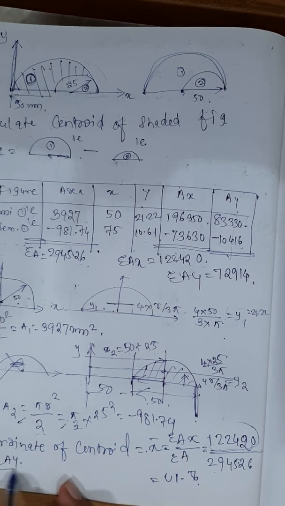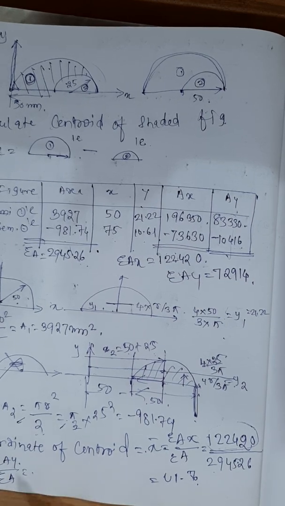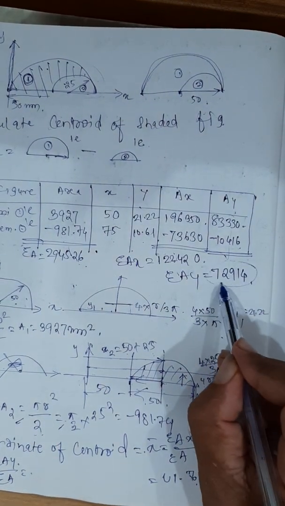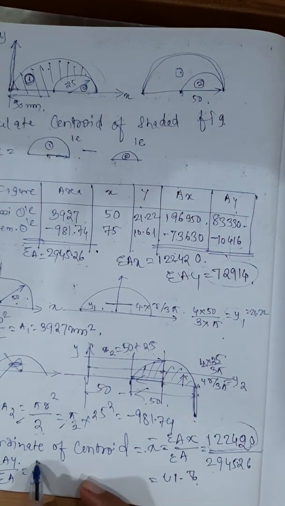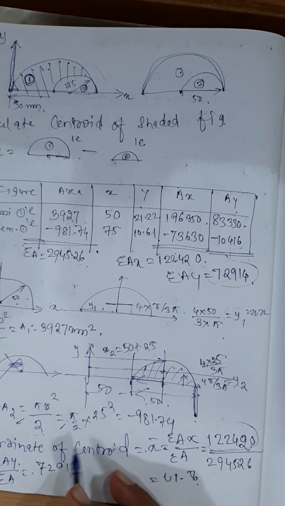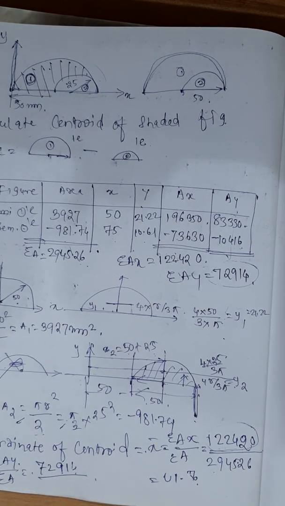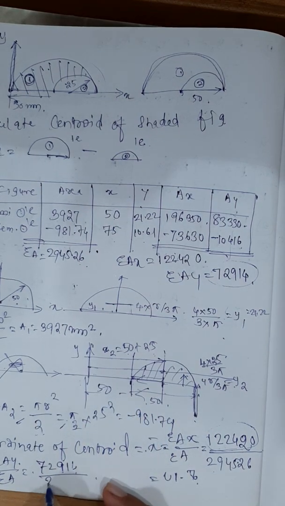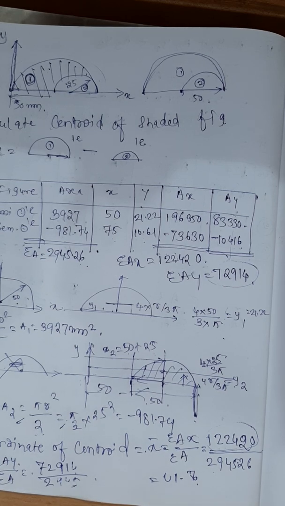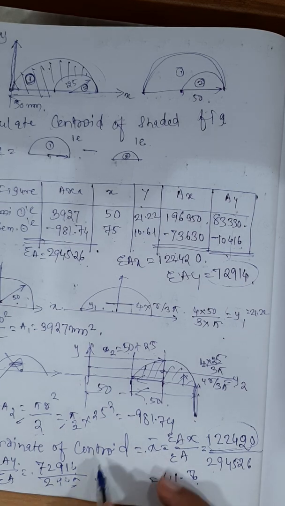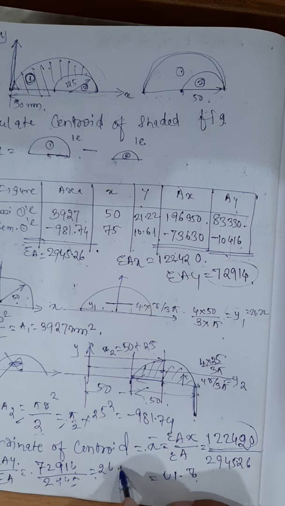of ay divided by summation of a. Summation of ay, you got it as 72914, divided by summation of a, 2945.26. 72914 divided by 2945.26 is equal to 24.75.